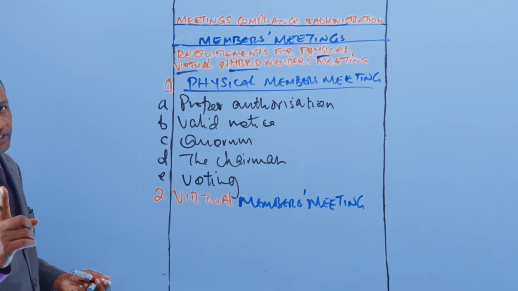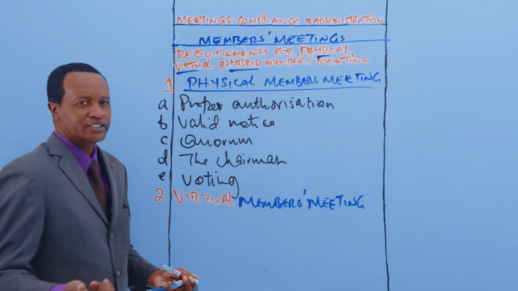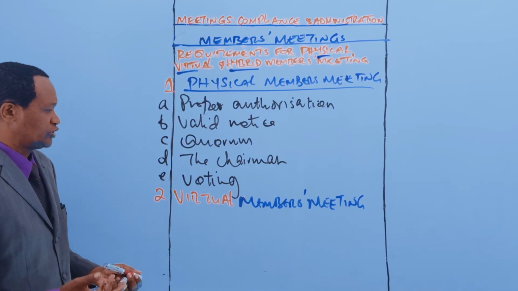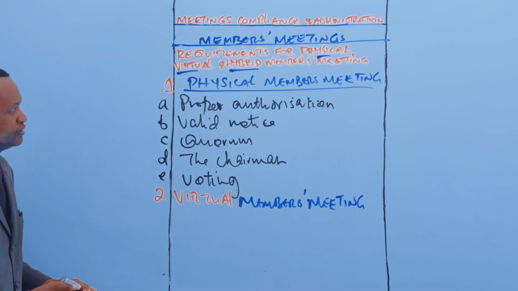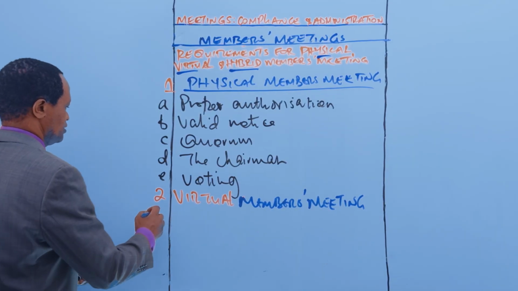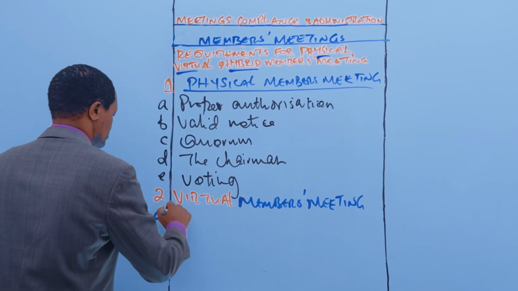Now, a virtual meeting is conducted entirely via electronic formats or means like Teams, like Zoom, and so on. So again, the first requirement, just like a physical meeting, we have the proper authorization.